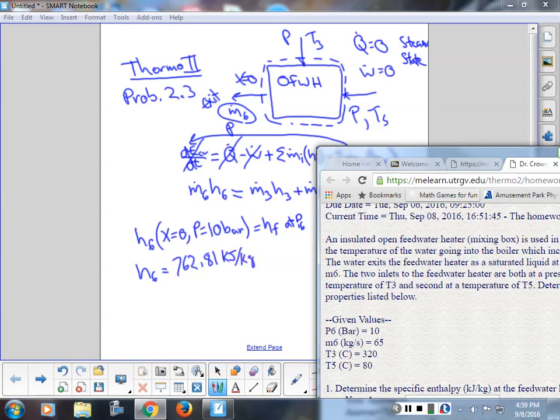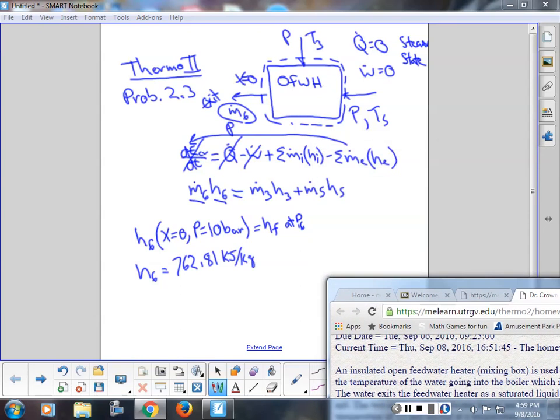So I've got this now. Plus I was told M6 is 65 kilograms per second, so I know M6. So now I know T3 and P3, so I can get h3 as a function of T3 and P3. I'm guessing that's probably superheated.